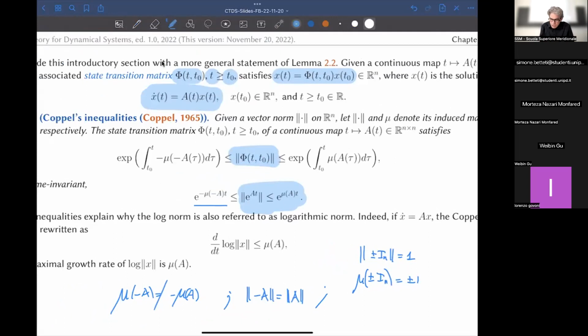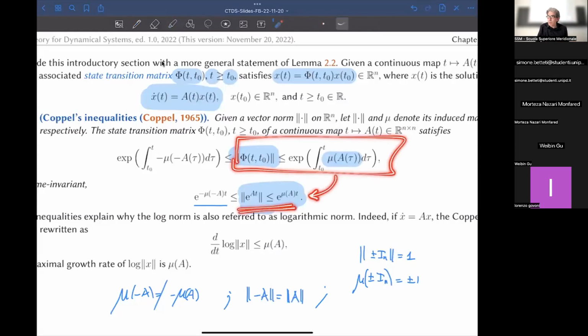What you obtain is the log norm of the matrix A evaluated at time tau, because now we have a time-dependent matrix A. That's a scalar, just a number at each time tau. Then you integrate that, and then you take the exponential. Does that make sense? Hopefully you see that this is the more general result, and the particular case is this one here at the bottom.